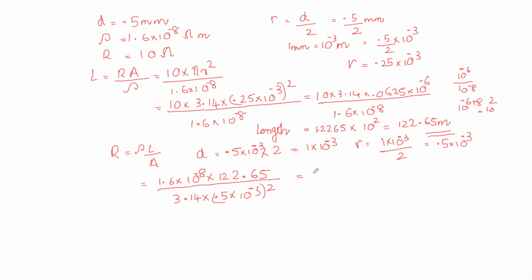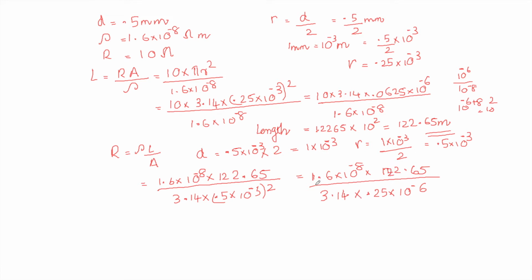Okay, so it will be 1.6 into 10 raised to minus 8 into 122.65 divided by 3.14 into 0.5 square, it is 0.25 into 10 raised to minus 6.